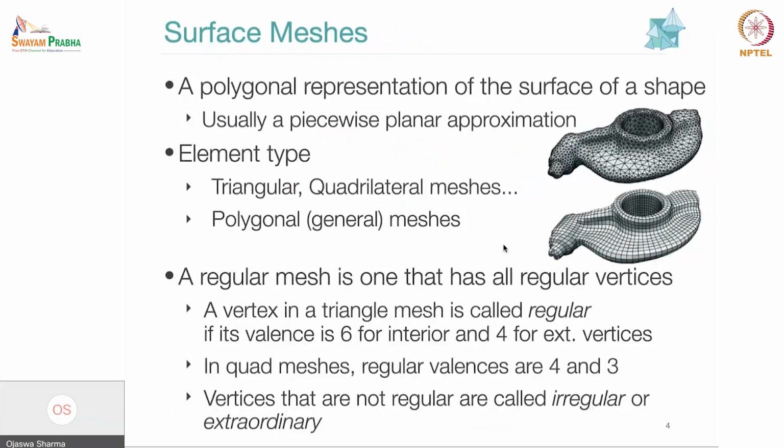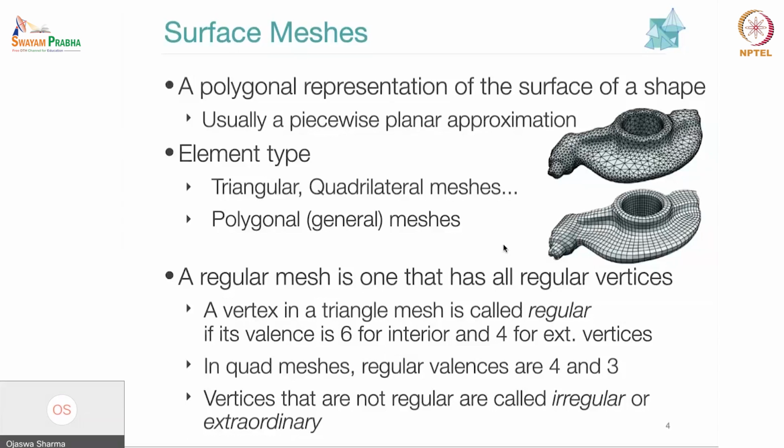The element types could be, as I said, triangular, quadrilateral, or in general polygonal. So here are two different representations of the same object, and I believe it's a CAD object. You can see the differences between representing the shape using a triangle-based tiling versus a quadrilateral-based tiling.